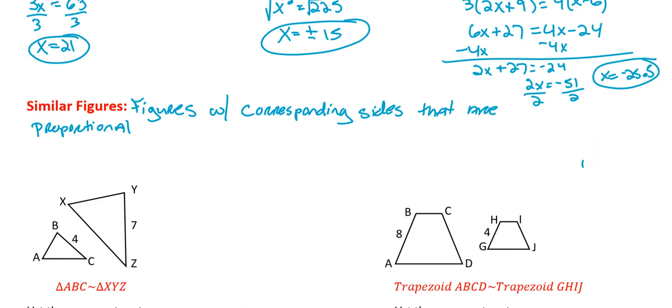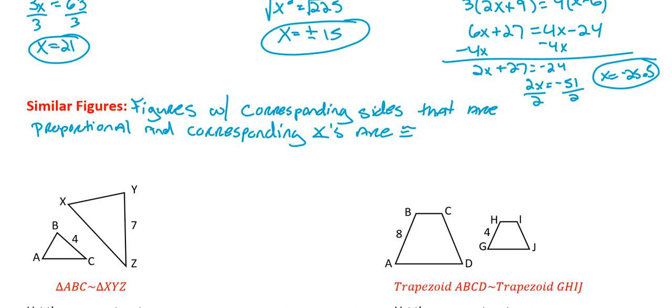The other thing that's going to be true for similar figures, so again, corresponding sides are proportional, and the other part of this definition, and corresponding angles are congruent.